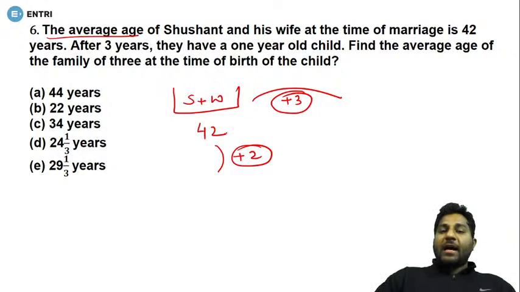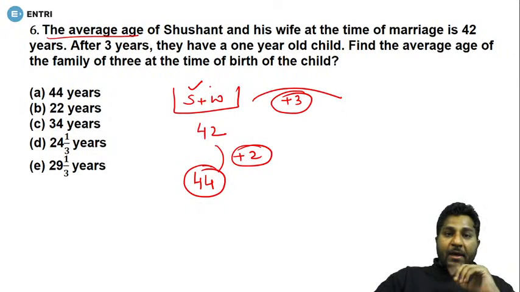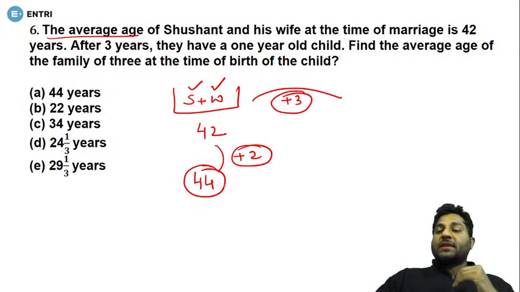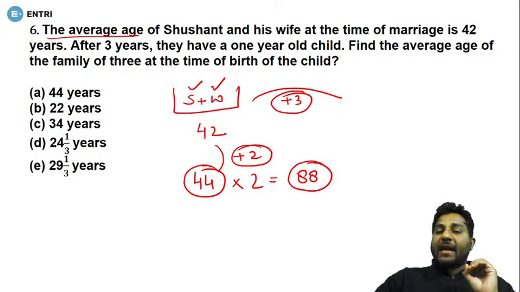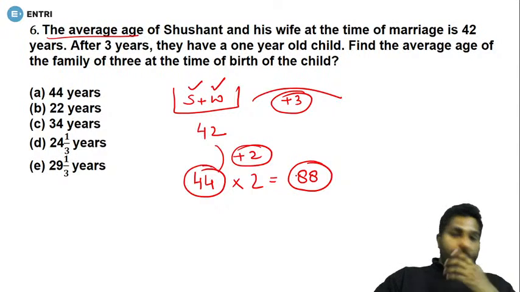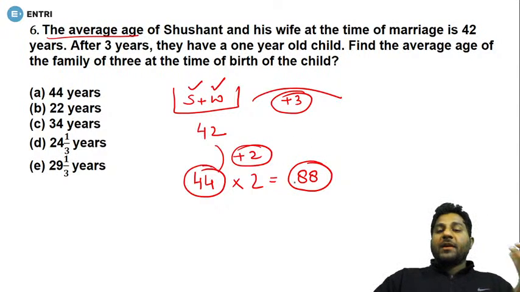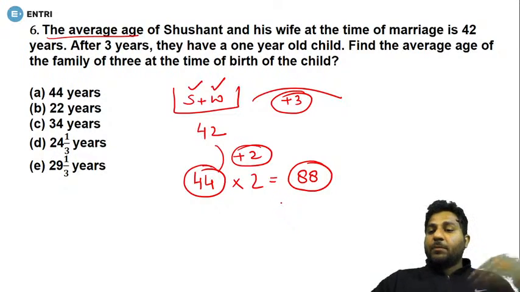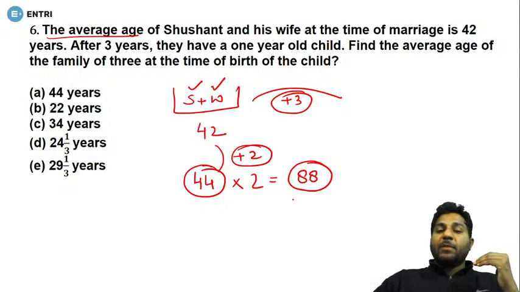After 2 years, the average age of Sushant and his wife will become 44. That means their total age will become 88. But at the time of the birth of the child, they will become three people, and their average age will not be considered as 44.